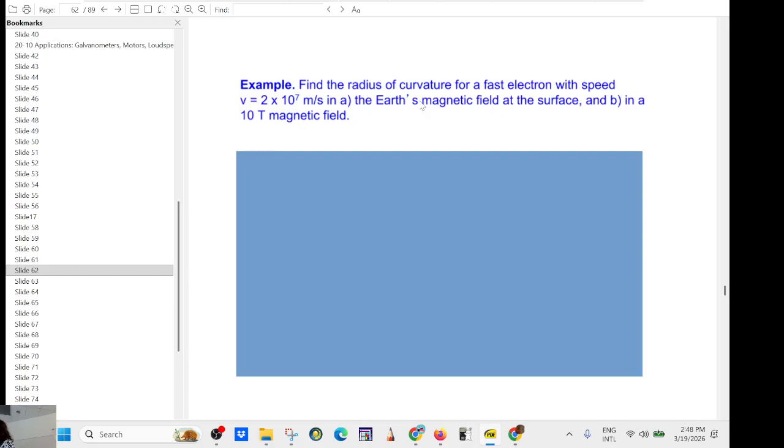The mass of an electron you have in your equation sheet, it's 9.1 times 10 to the negative 31 kilograms. And the velocity is given, 2 times 10 to the 7. So find the radius.